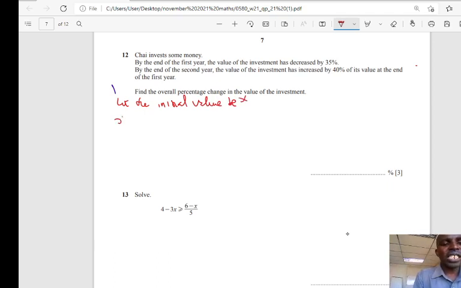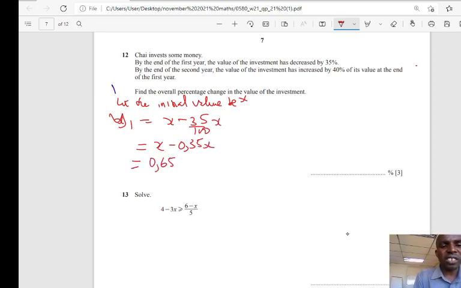So at the end of year 1, the value will be x minus 35%, which means 35 over 100 of x, which is x minus 0.35x, which is 0.65x. That's the value of the investment at end of year 1.